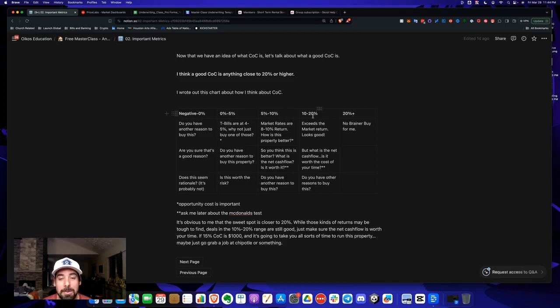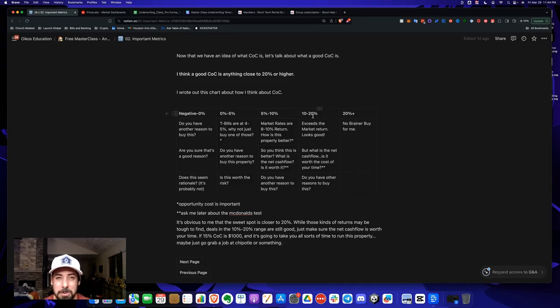For example, if you can cash flow 10% on a property, but let's just imagine it's a super cheap property. It's like $50,000 and 10% is like $5,000. You're really making something like $400 a month. And the question really becomes, in my view, how much time are you spending?